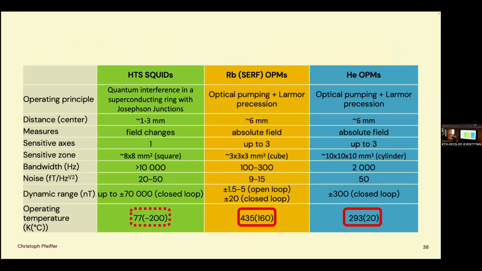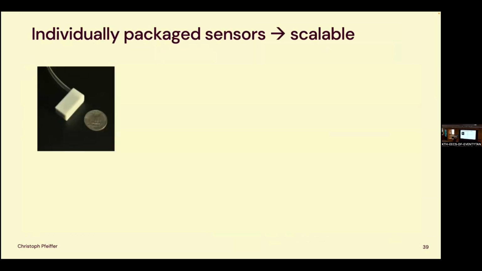And then I'm trying to indicate here that the next point is a little bit less for high TC squids, but also theoretically possible, just hasn't really been done. Because of this lower insulation requirement, we can make the sensors much smaller, and we can even package them individually. That gives the advantage that we can have a scalable system.